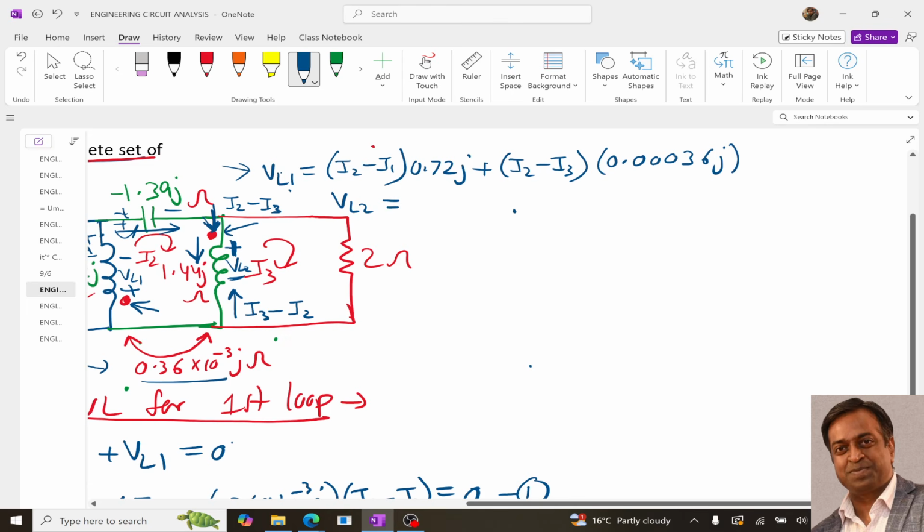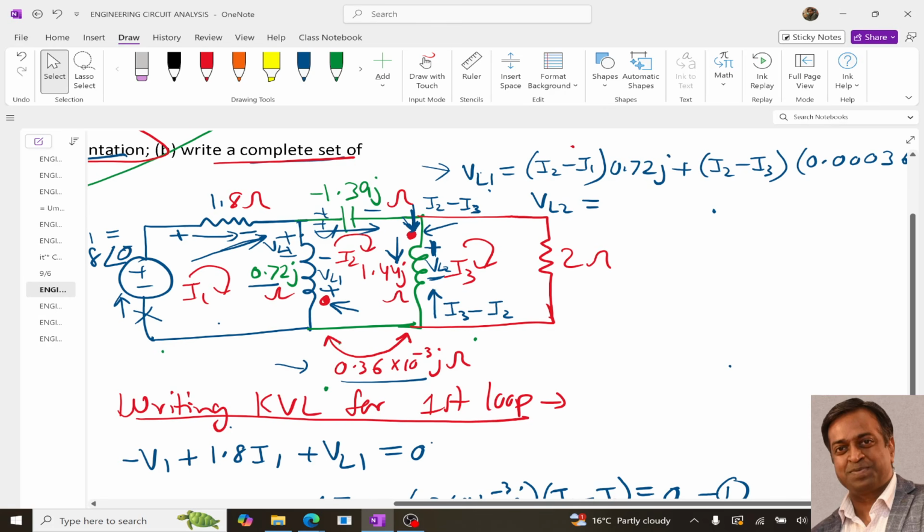Now for VL2, let me erase a little bit. To have a positive terminal over here due to self inductance, the current should flow from top to bottom.